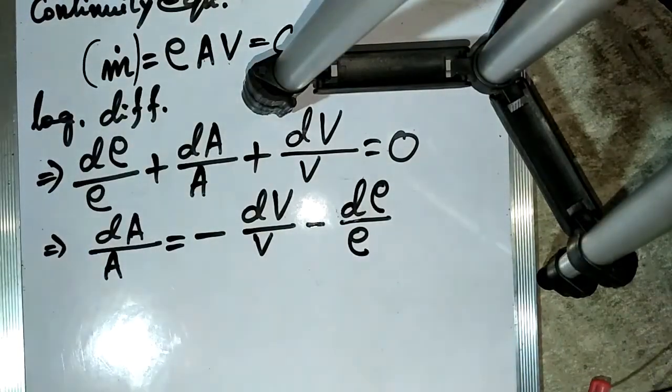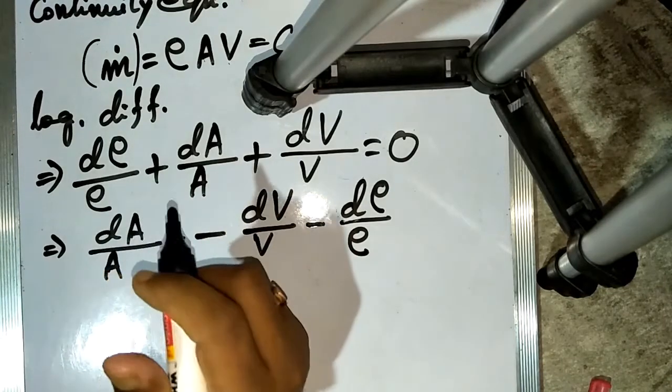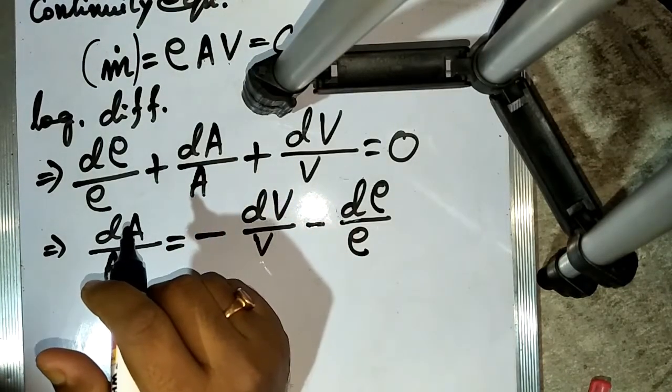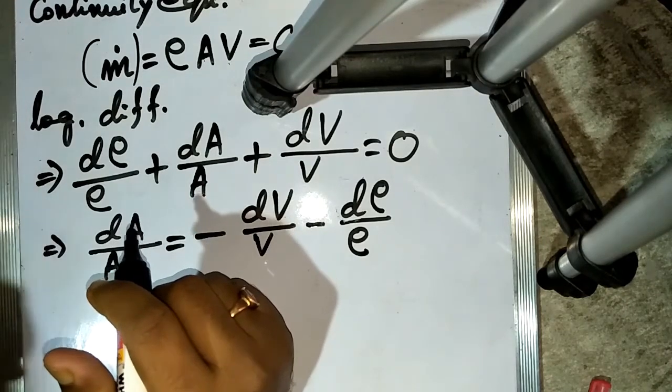And we know that in the previous case, the value of dP by dV is nothing but minus rho V.